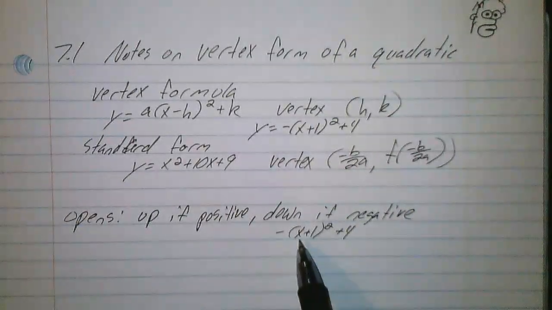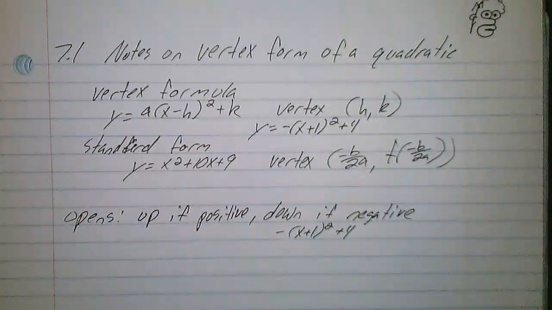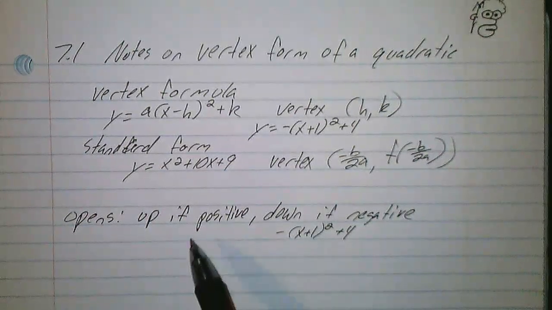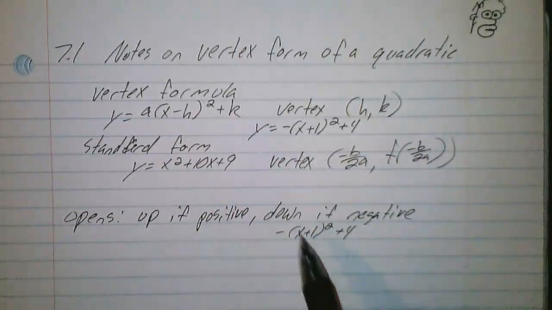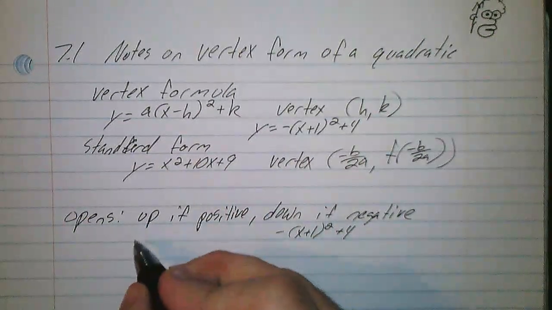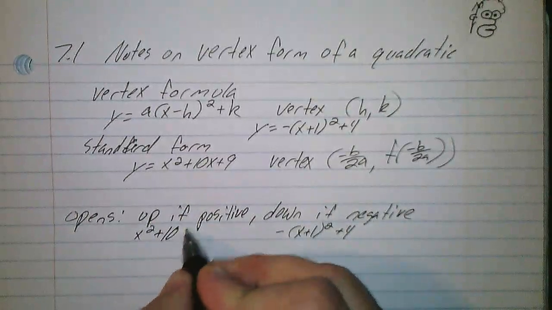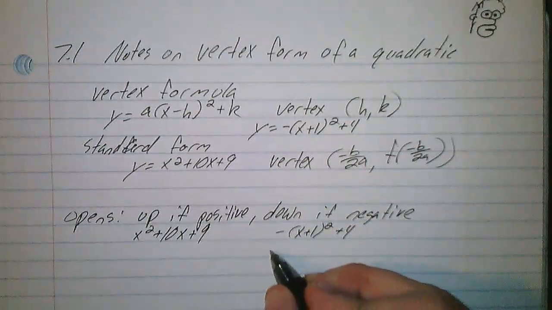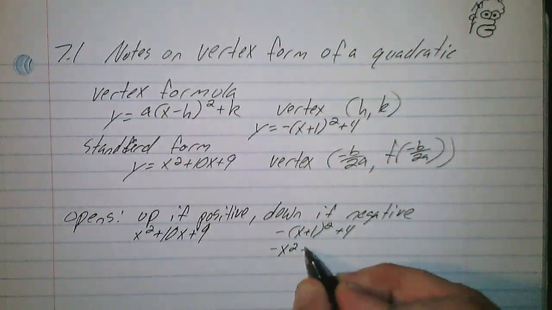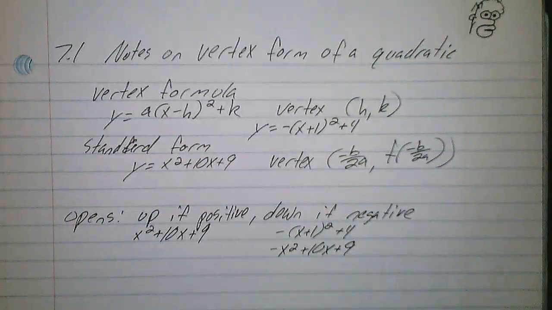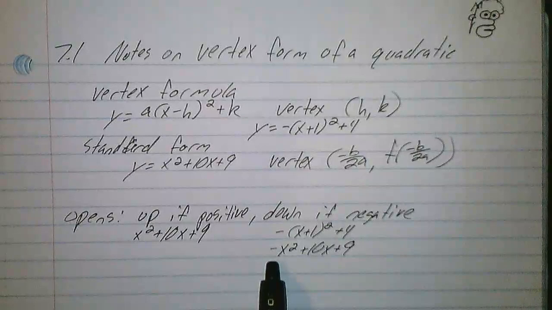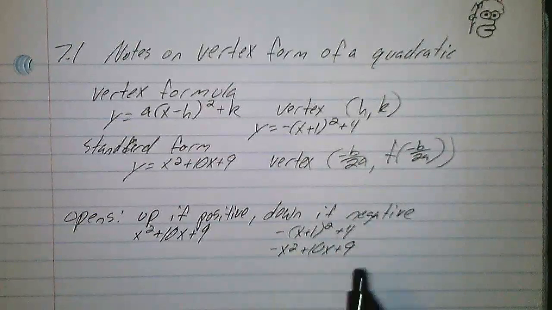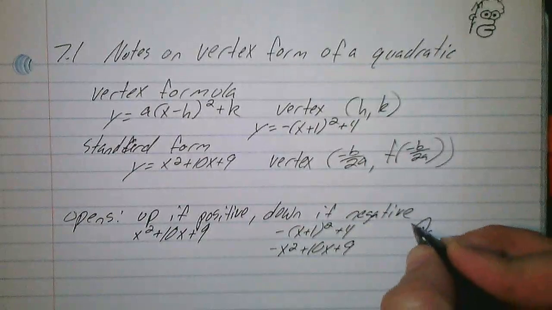We could FOIL out this (x plus 1) and combine like terms, but the leading term would be negative. And positive would be if there were no negative sign, where the x squared itself is positive. So again, it could be something like negative x squared plus 10x plus 9. That would have a negative x squared, a negative leading term. So the graph would open down.